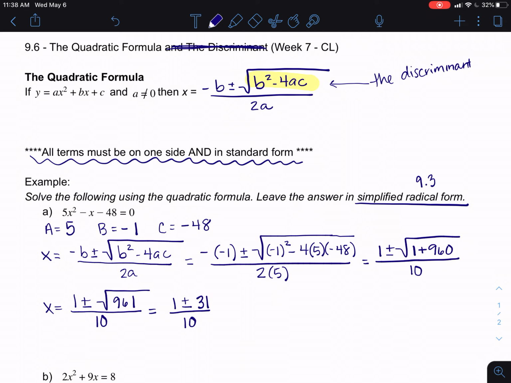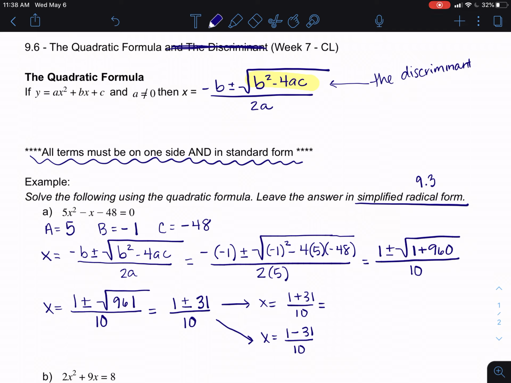And now we're going to break this up into two equations. So we have x equals 1 plus 31 over 10, and break it up again and do x equals 1 minus 31 over 10. So that plus or minus is going to give us our two solutions.